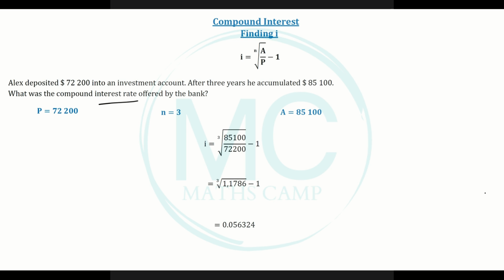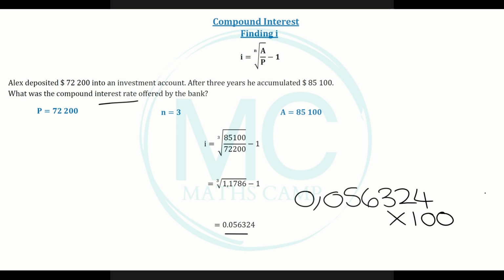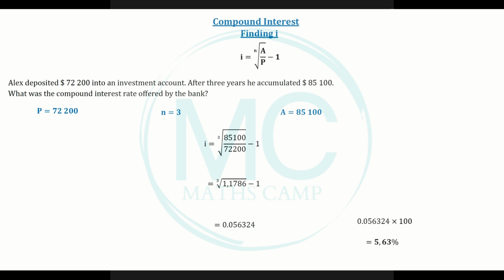So we have to multiply this value by 100. So we can say 0,056324 multiplied by 100. And we get 5,63%. Remember to always round your answers to 2 decimal places.